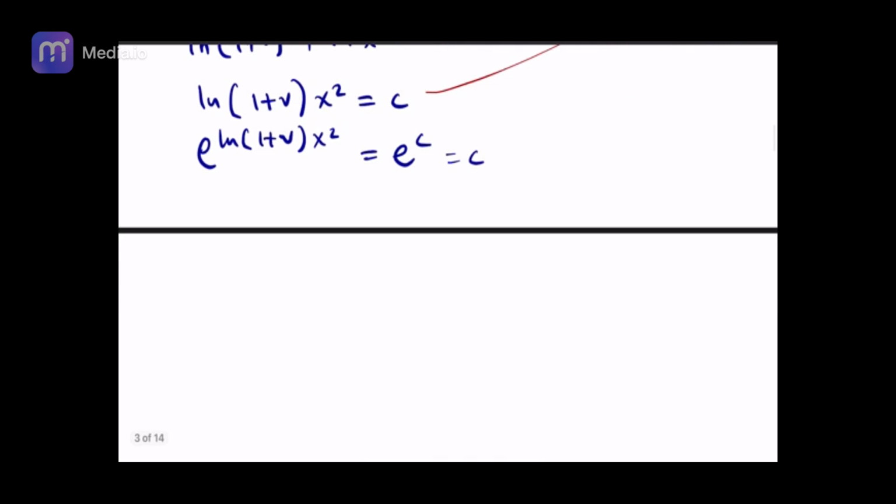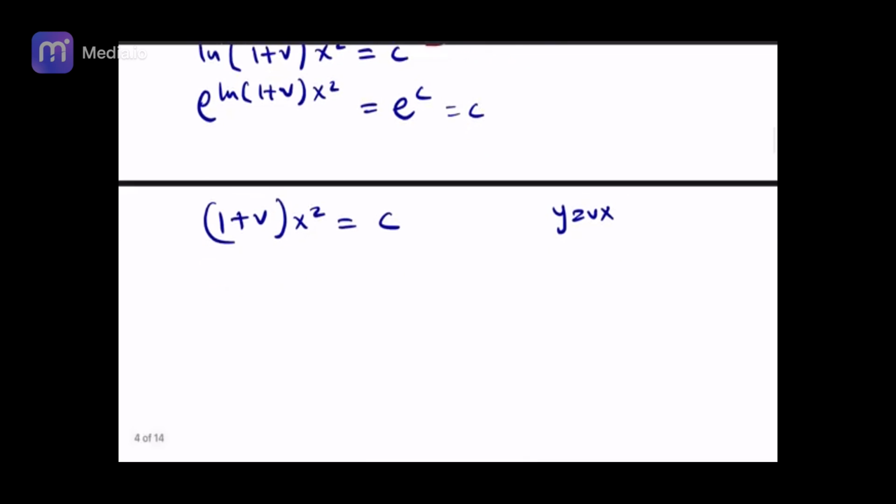So we have (1 + v)x squared is equal to c. But remember that y is equal to vx, which we assumed in the first instance. So we substitute our y back. So we can have that (1 + y over x) times x squared is equal to c.